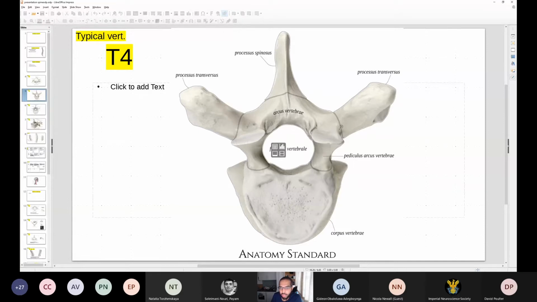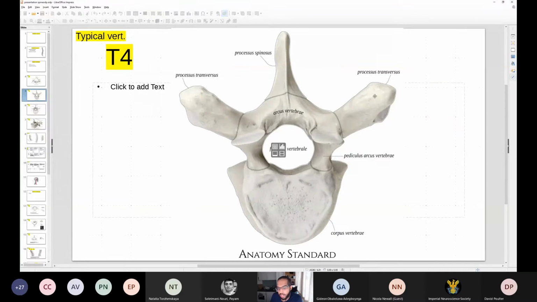So here we can see lamina, and here we can see a pedicle and a pedicle. And when two laminae meet in the middle, they form a spinous process. And on the sides, if you see a process there, that is a transverse process.